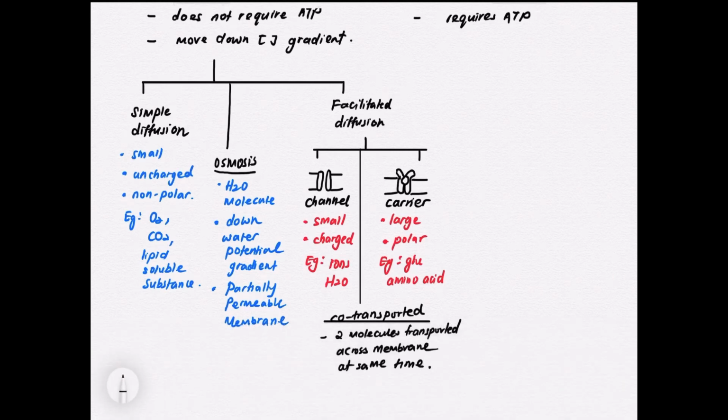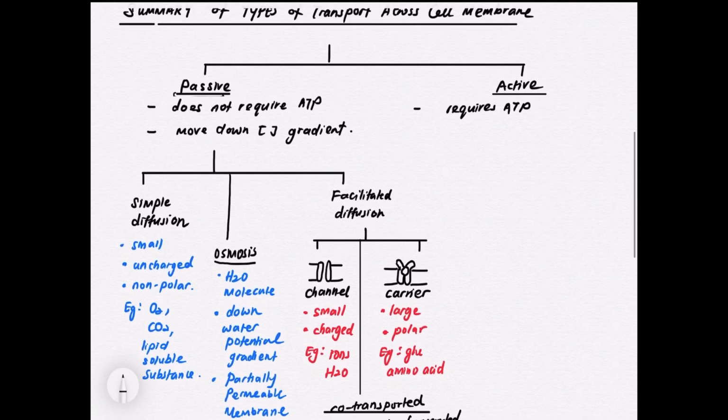Now I'm moving on to active transport. So active transport generally requires ATP, but not every transport moves the molecule against the gradient. One of it is known as active transport, whereas the other one is known as active process.